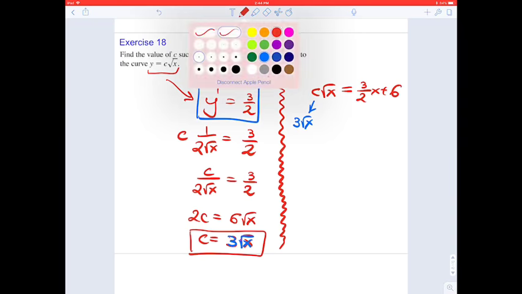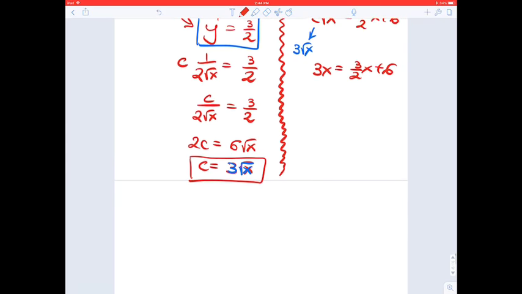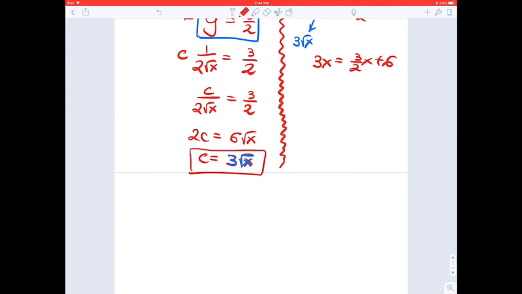Okay, I can draw a little bit nicer. That means substituting 3 root x instead of c, I'm getting 3 root x times root x, which is 3x, equals 3/2 x plus 6. 3 minus 3/2 is actually 3/2. Equals 6.